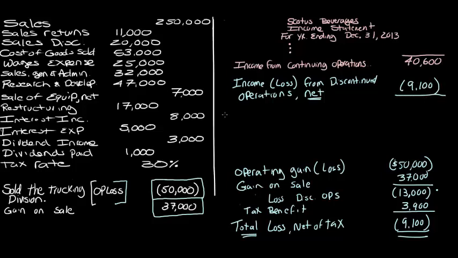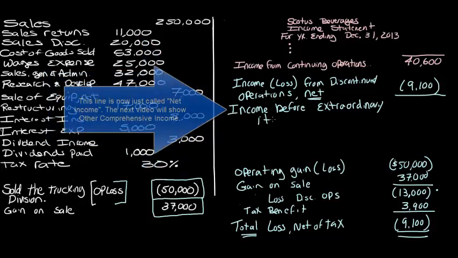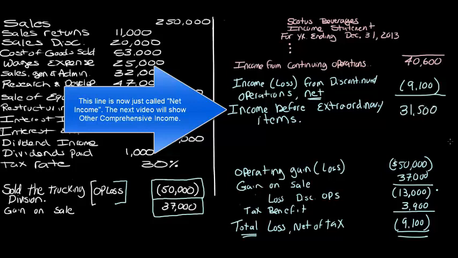Come up with the subtotal, and the next line then is income before extraordinary items. That's the income number, and that's 31,500. So our income before extraordinary items is 31,500, which leads you to believe that the next video is going to talk about income or losses before extraordinary items.